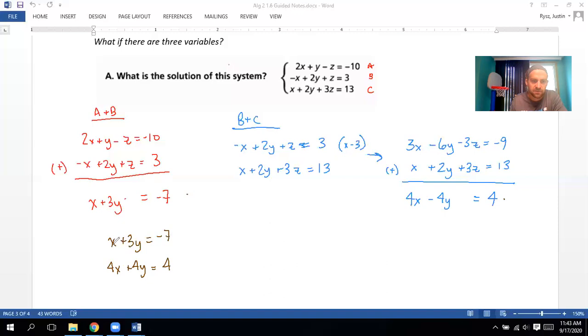So here we go. If I want to eliminate, I think the x's would be easier to get rid of. So I'm going to multiply the top by -4. This would be a -4x and a -12y equals +28. And the bottom is just 4x plus 4y equals 4.